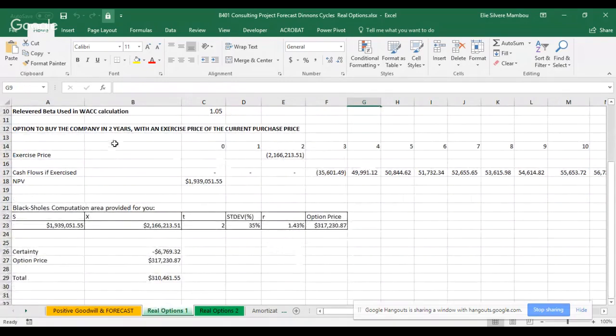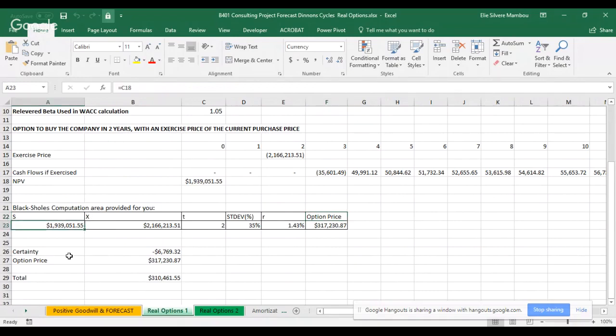Now, we have the option to buy the company in 2 years with an exercise price of the current purchase price. And our cash flow, when it's exercised, gave us an NPV of 1,900,000. All this information led us to compute our option price by using Black-Scholes computations as provided.